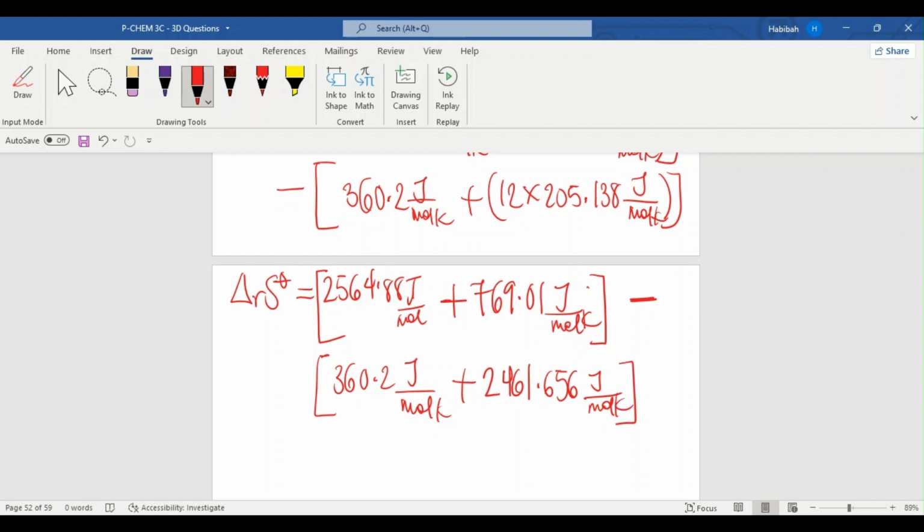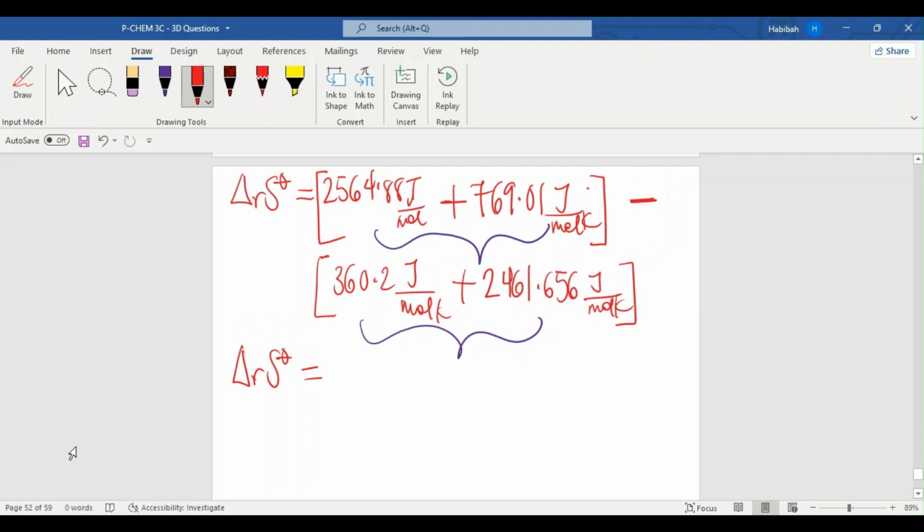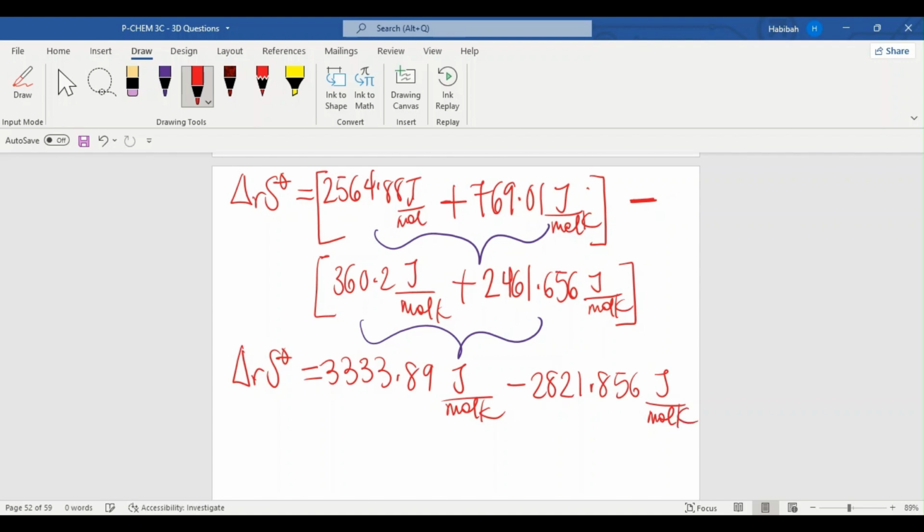So you're going to add up this information here as well as this information here, and input that in our calculator. The change in standard entropy of reaction becomes adding the first part, 2564.88 plus 769.01, which gives you 3333.89 joule per mole Kelvin, minus 360.2 plus 2461.656 joule per mole Kelvin, so that would be minus 2821.856 joule per mole Kelvin.